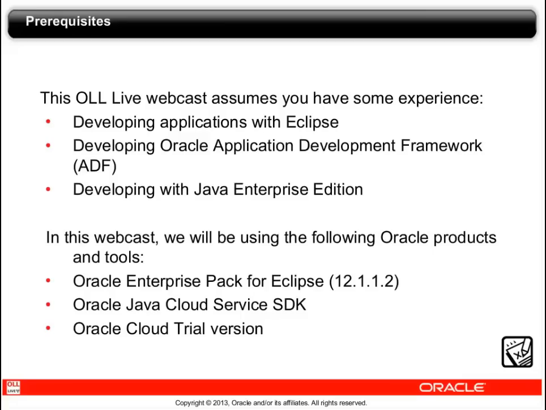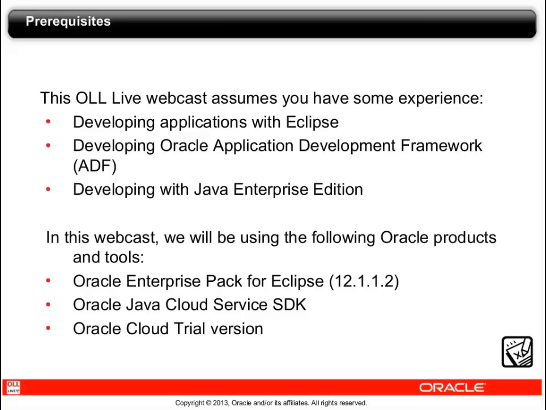So in this webcast, I have installed Oracle Enterprise Pack for Eclipse, version 12.1.1.2. This is a very specific version number. This version is specifically designed for use with Oracle Cloud.